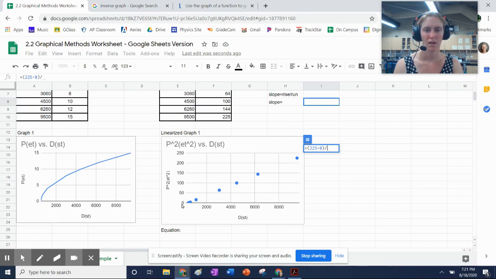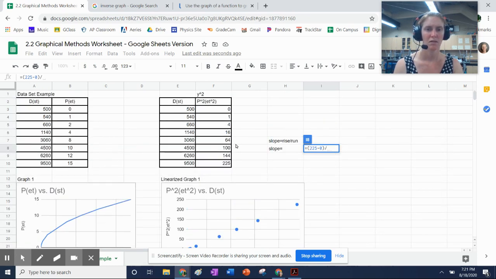My run, I started here. So 500 minus 500. All right, so then my slope is 0.025.